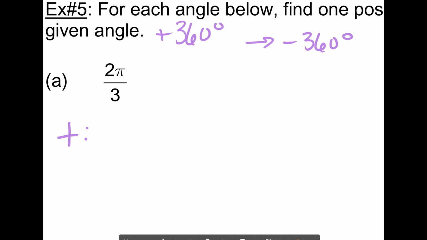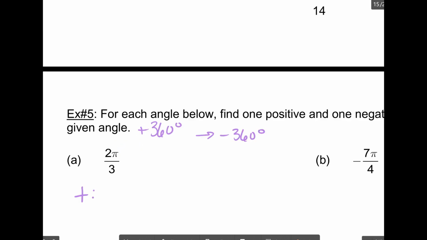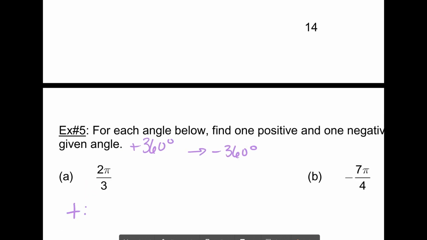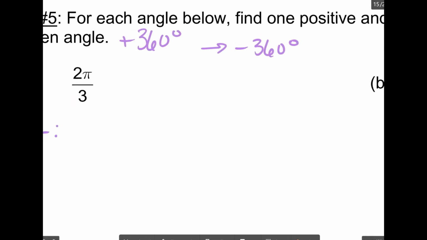Oh no, okay, let's look back at page like 12, 11. So I'm expecting you to turn back to look at how we find coterminal angles and what radian equals 360. What radian equals 360? 2 pi. Okay, so instead of adding or subtracting 360, I'm going to add or subtract 2 pi.